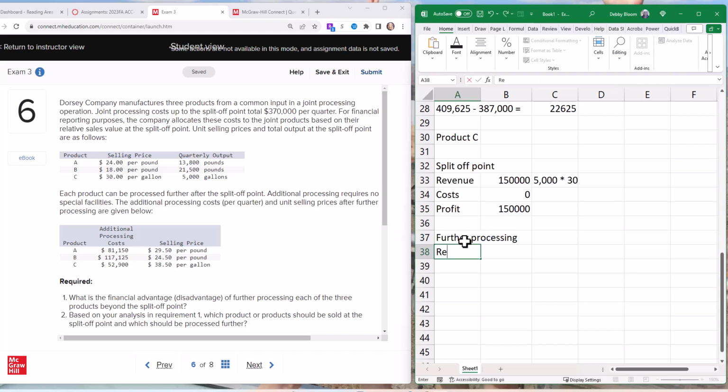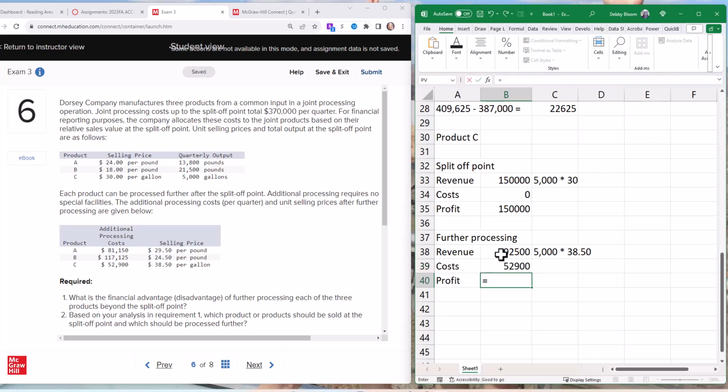we would have our revenue, we would have our costs, and we have our profit. So our revenue would now be 5,000 pounds, multiplied by the $38.50 price at the further processing point. Our costs, 52,900.